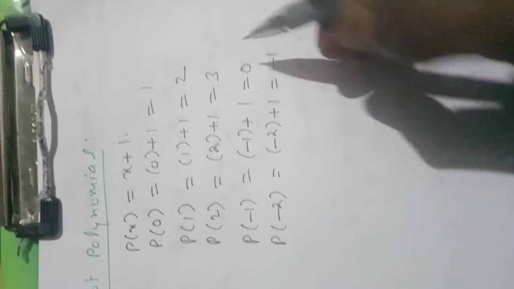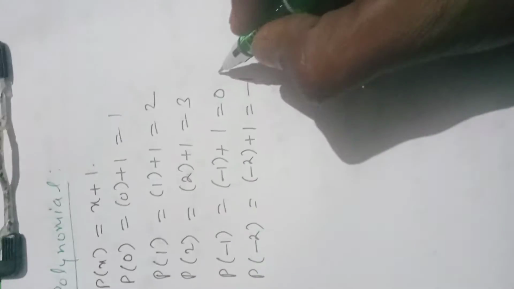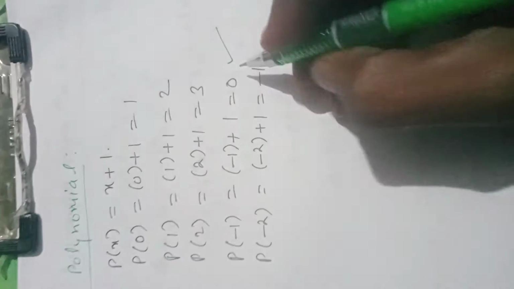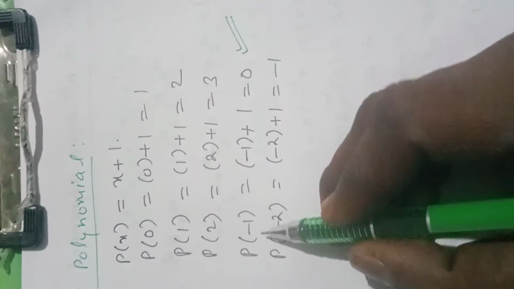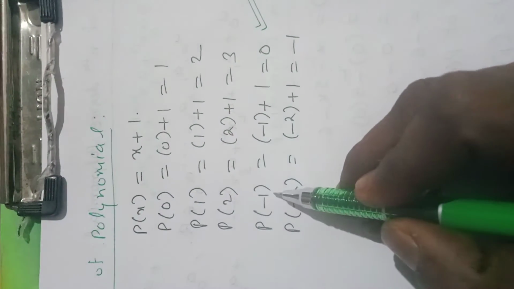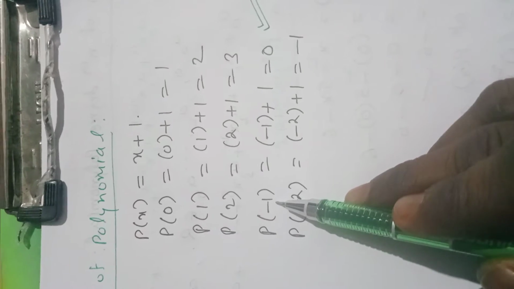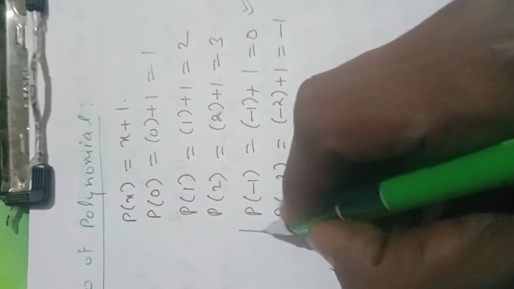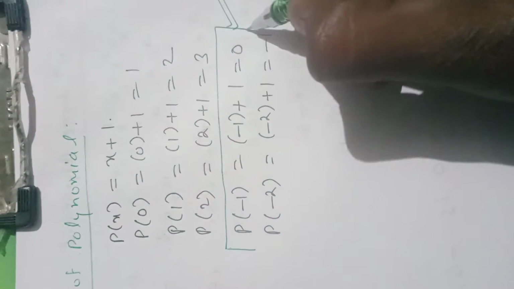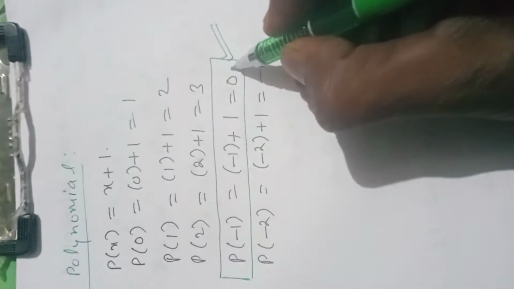By considering all these values, we can understand one thing here. We are getting the value of the polynomial as 0 only when x is minus 1. If I substitute x equal to minus 1, you will get the value of this polynomial as 0. So what do you observe from this step? When does the value of the polynomial p of x equal to x plus 1 become 0?